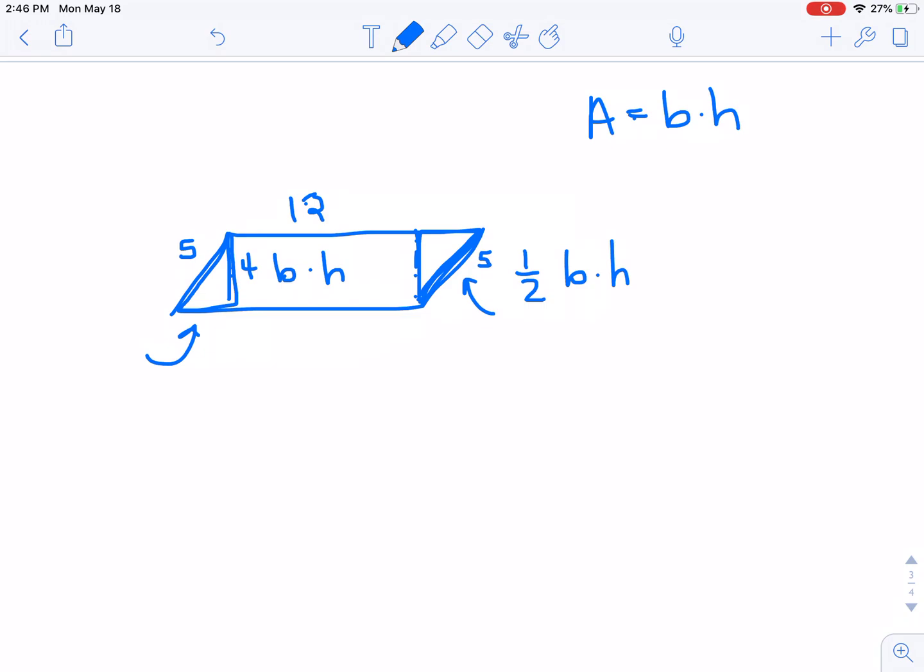All right, so if right here is 12, right? And 12 times 4, that would make the inside 48, because 12 times 4 equals 48. That's the inside, okay? And we have 10.